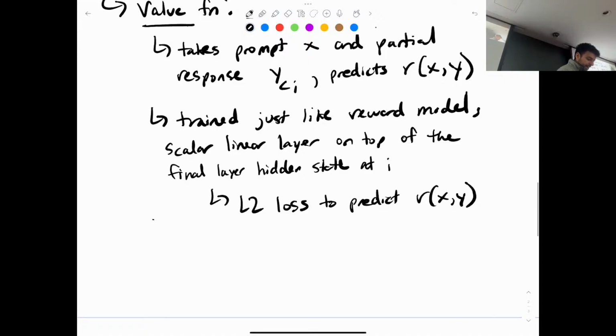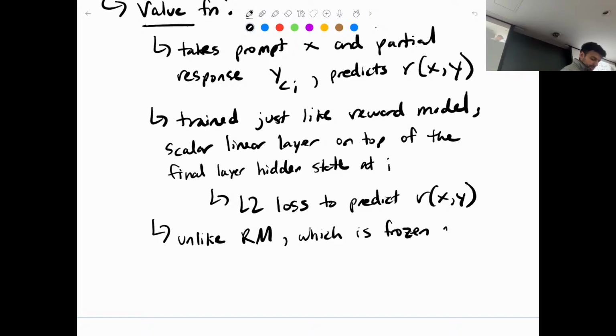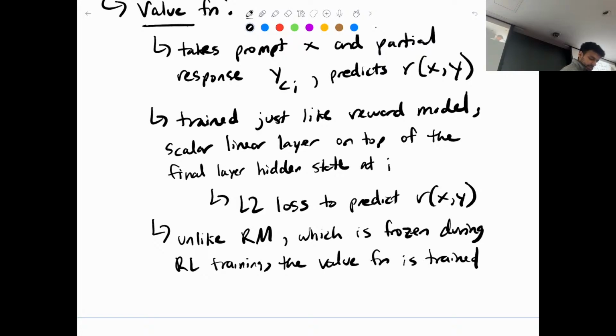And then the final thing to note is that our reward model is frozen, right? So unlike the reward model, which is frozen during RL training, the value function is trained alongside our policy model p theta.